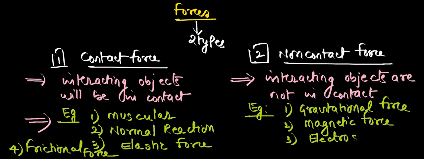Exactly, electrostatic force, and nuclear force. In your textbook, weak force is given, but that is also a kind of internal force in an atom. We don't consider it exactly as a non-contact force. It's a part of nuclear force only, but nuclear force is very strong. Weak force is very weak, but both operate within an atom.